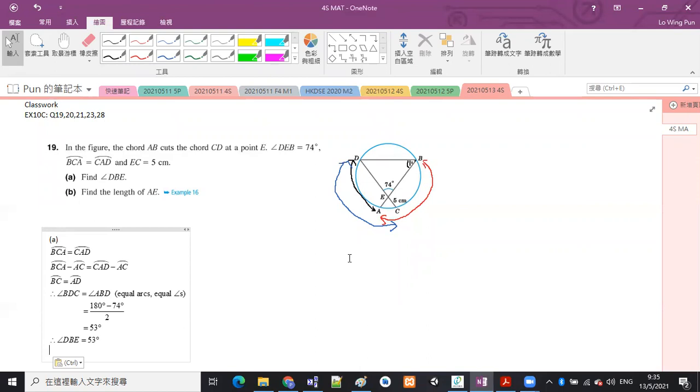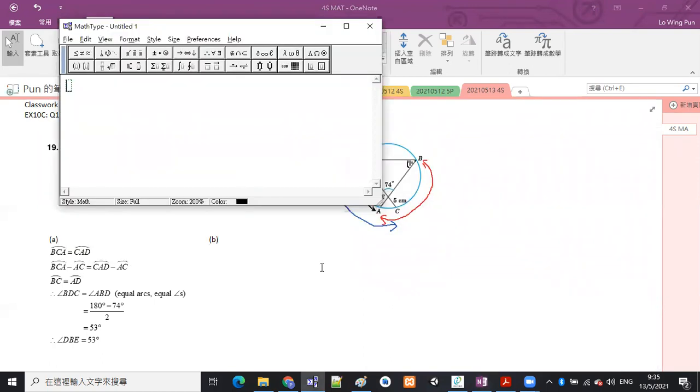Part B, find the length of AE. AE is the little part here, okay? And because we have, let me see, yes, we have equal arcs again, right? Therefore, we should have equal chords. But this time, I'm going to use the original arcs.